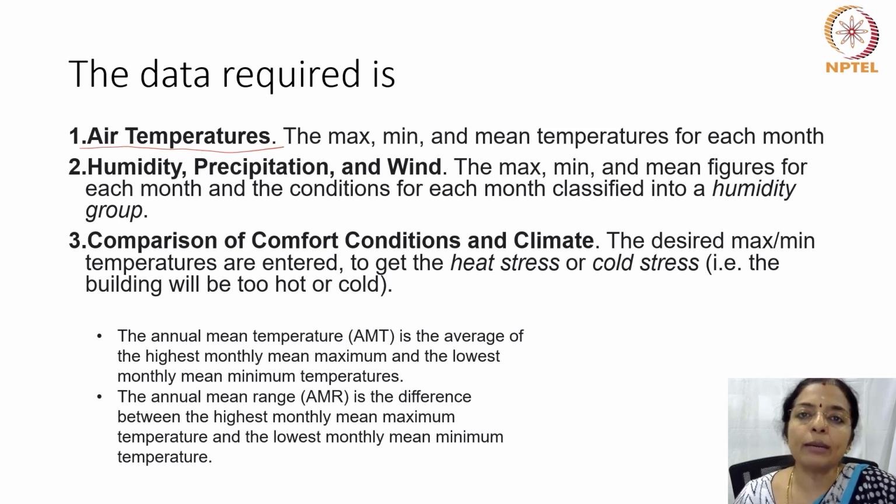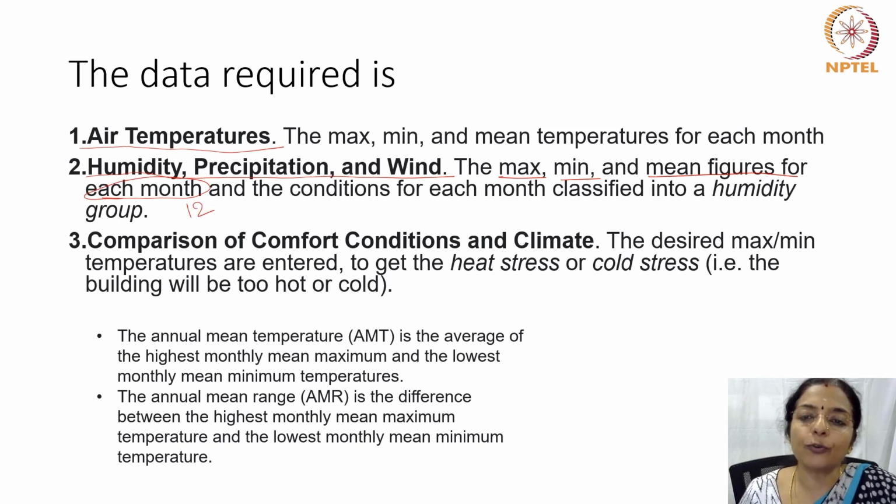So for 12 months, you need the maximum, minimum, and mean temperature data. You also need the humidity, precipitation, and wind data of that location or place. Again, you need the maximum, minimum, and mean figures for each month, for all the 12 months.